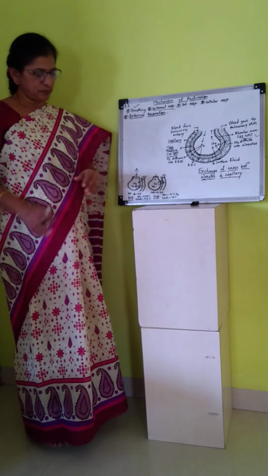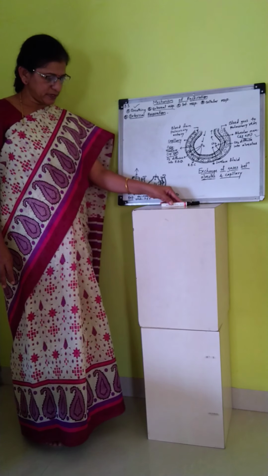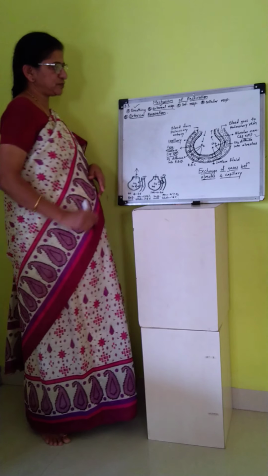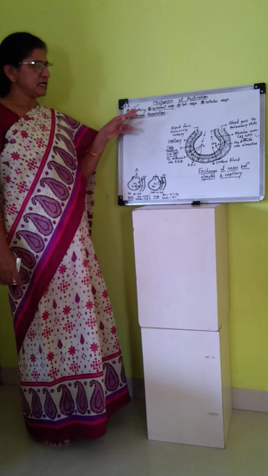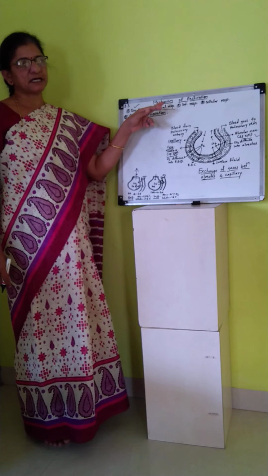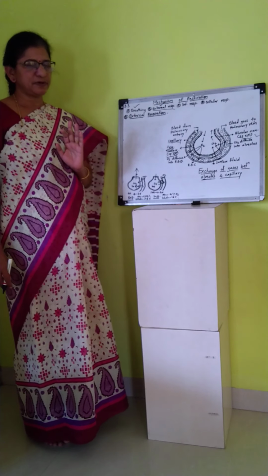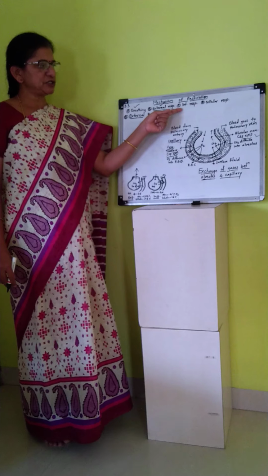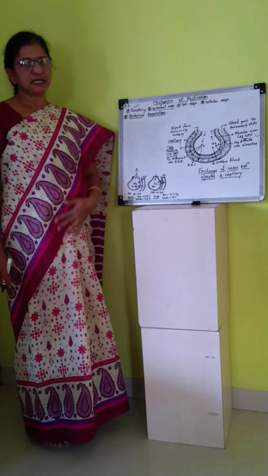So now here we complete 2 points of the mechanism of respiration. One is breathing, another is external respiration. Now in the next video, we will go to internal respiration and cellular respiration.